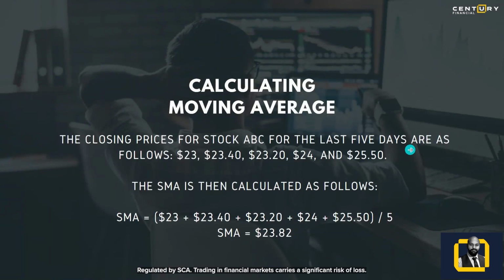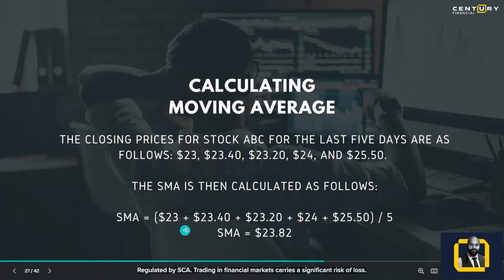Calculating moving average, all of us know how averages work. Let's say, for example, for the last 5 days, stock ABC closed at $23, 23.4, 23.2, 24, and 25.5. So basically, your simple moving average is calculated by adding up all the five. You divide it by 5 and you get 23.82 as the moving average for day 6.